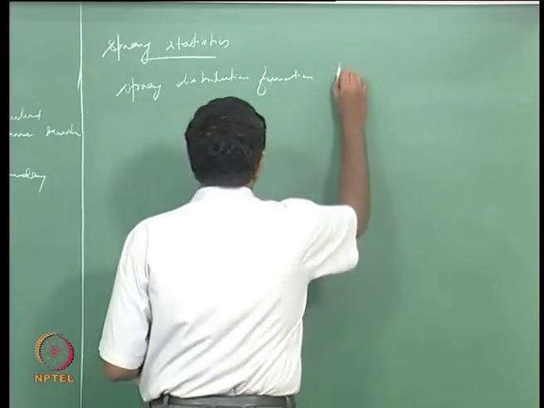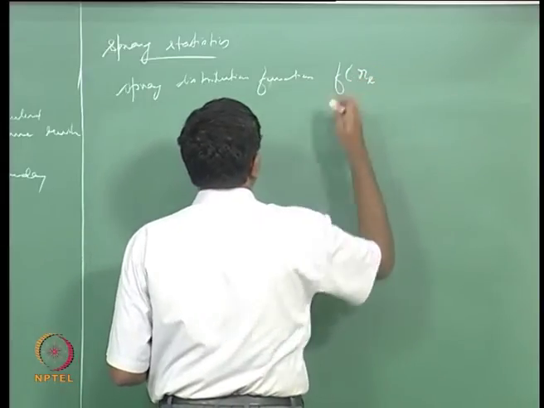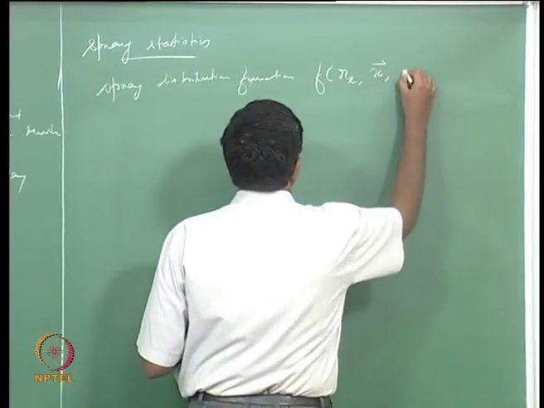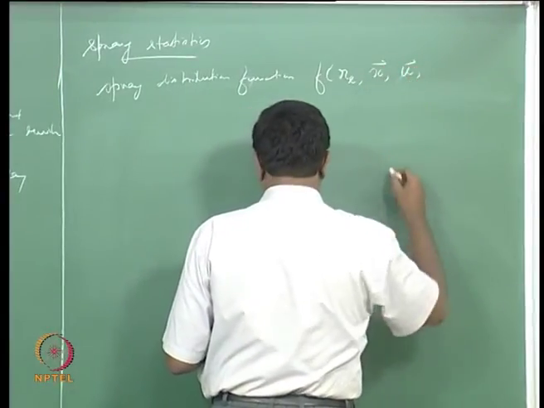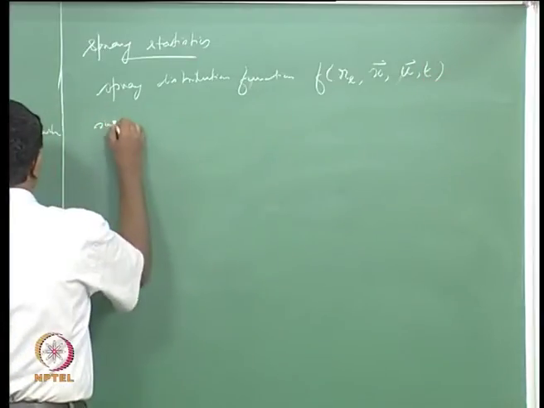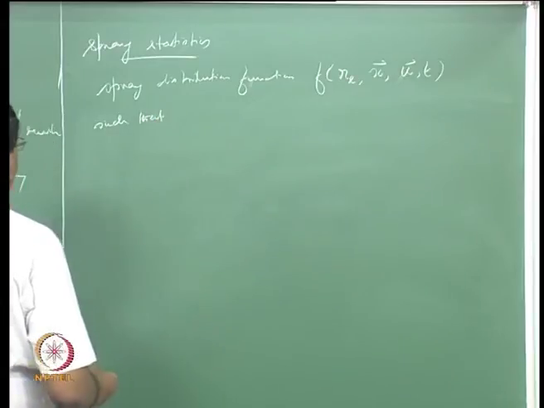Function f of r_L, which is the droplet diameter, position x, velocity u vector, and time, such that this is like a density distribution.